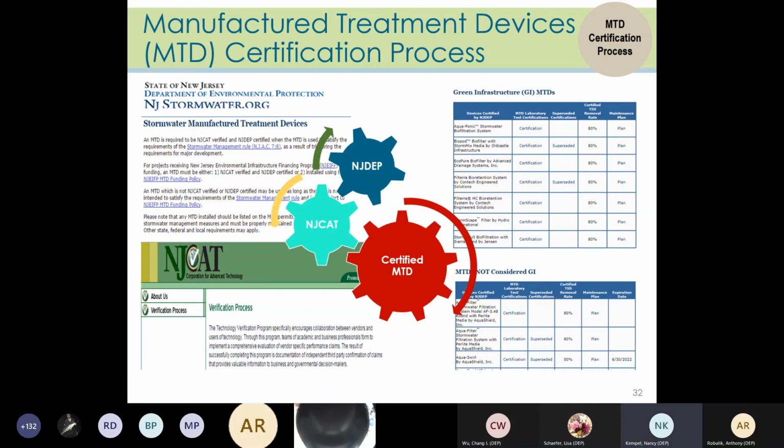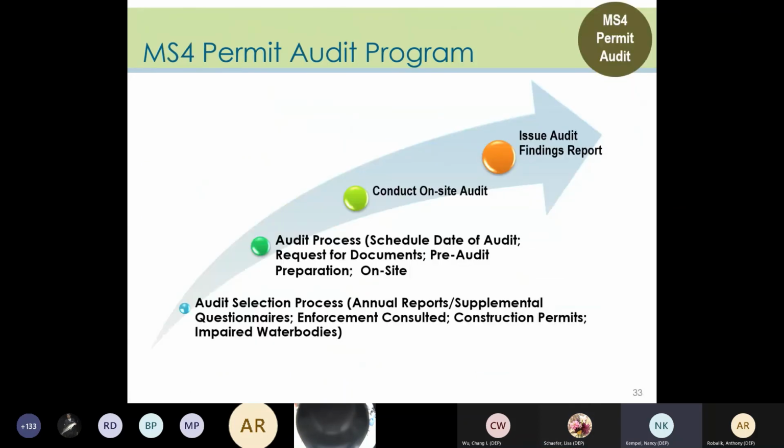So regarding the MS4 audit program that we had been working on for the last 4 or so years, with the beginning of the pandemic, all of our field visits were cut off and we began working from home.